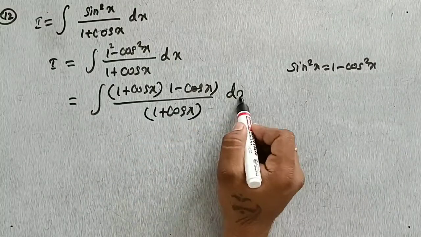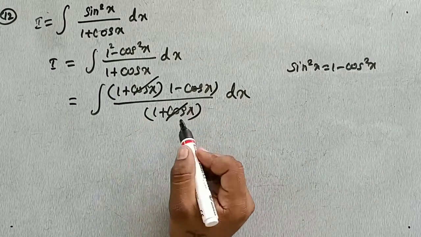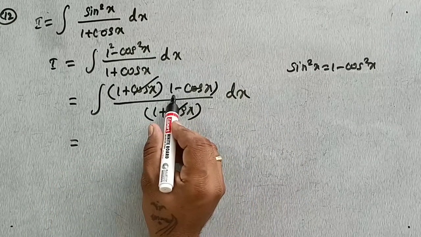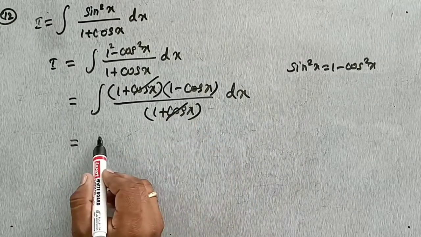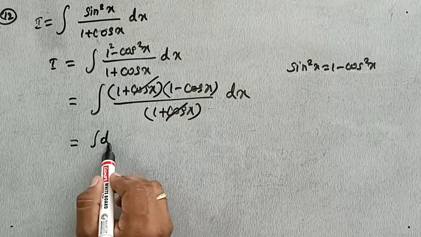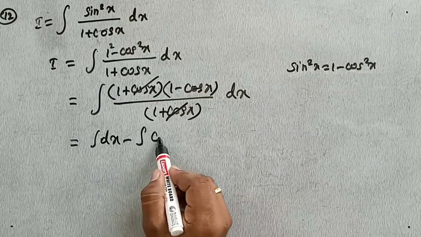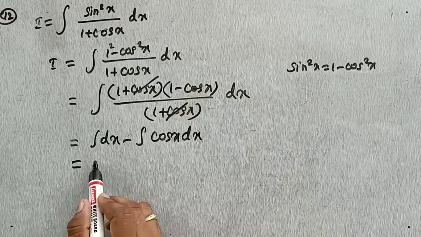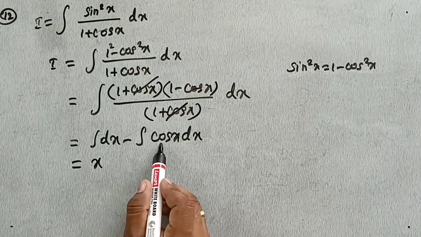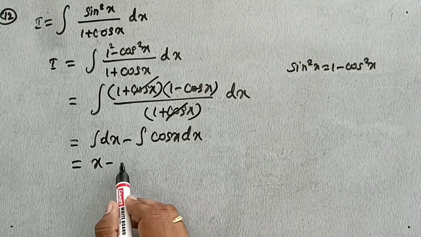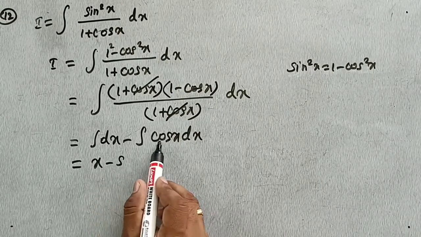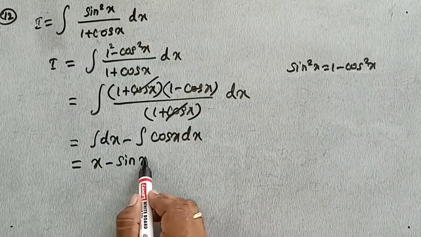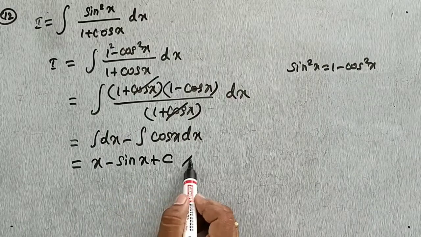So I can cancel these two common factors. Now integral of 1 minus cos x, we can separate the integral, so 1 into dx minus integral cos x into dx. Integrating dx equals x, minus integral cos x equals sin x, so x minus sin x plus c.